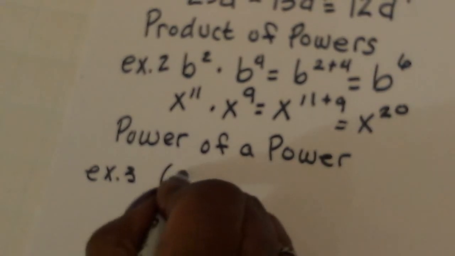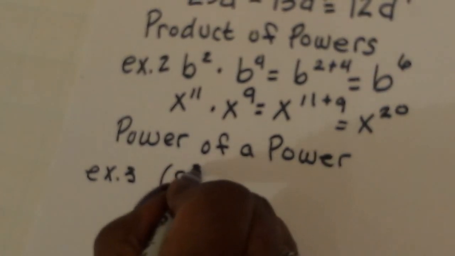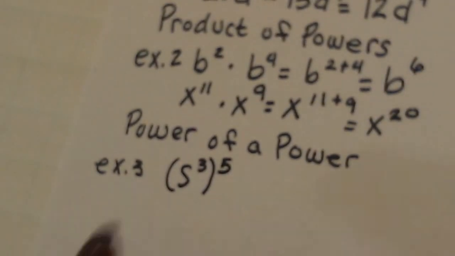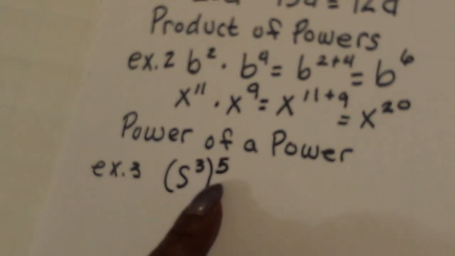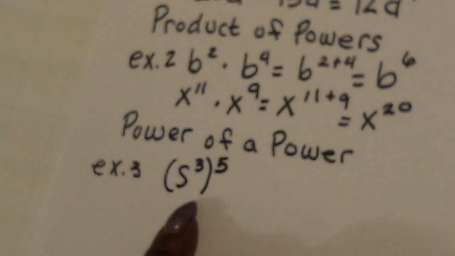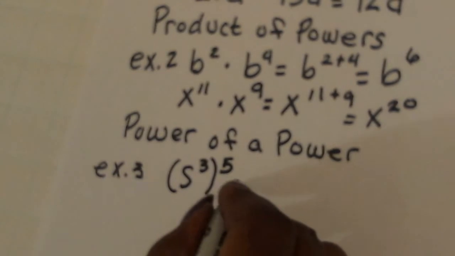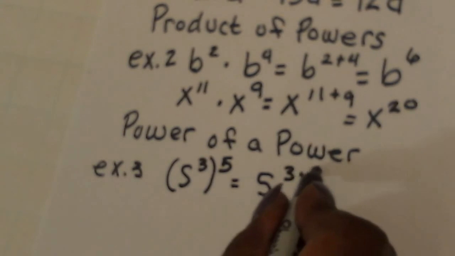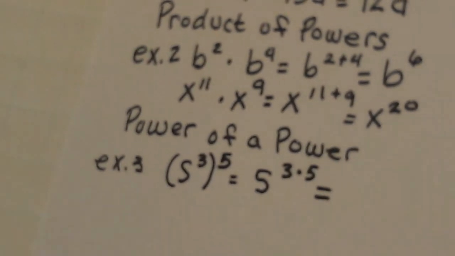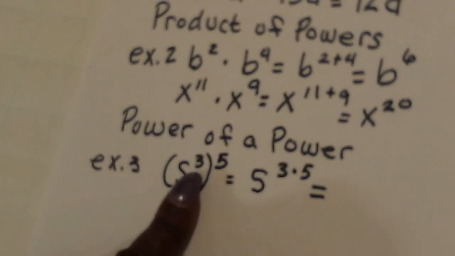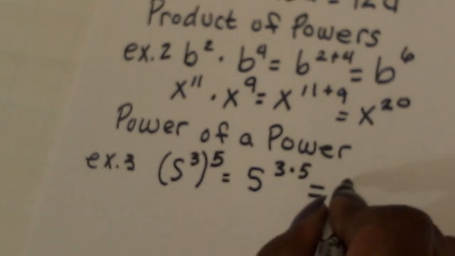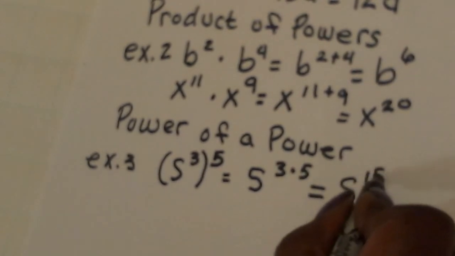So I have s to the third power raised to the fifth power. Notice the parentheses. That's a way to help you recognize that you're going to multiply the exponents. So I have s to the 3 times 5. Whenever you're raising a power to a power, you multiply the powers. 3 times 5 is 15, so I get s to the 15th power.